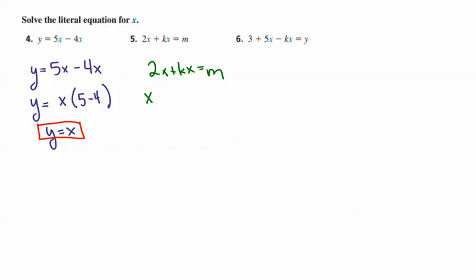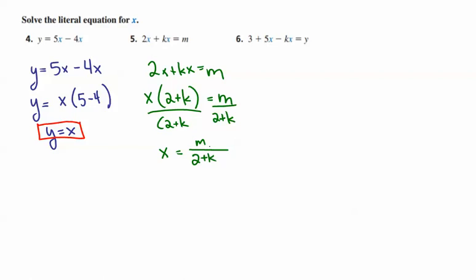I'm going to factor out the x and get x times 2 plus k equal to m. And again, I'm trying to solve for x, so I'm just going to divide both sides by 2 plus k. And that would leave me with x is equal to m over 2 plus k.